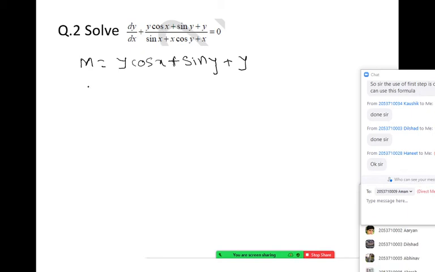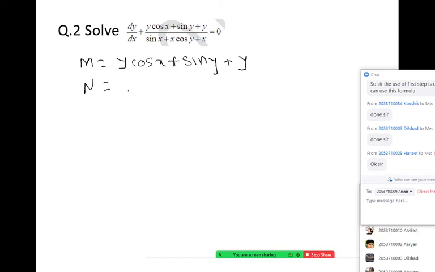So now one more thing again. If you take it on that side, it becomes minus actually. So you should not just cross multiply and move the denominator to the RHS there. If you take this term on that side, it will become minus y cos x, I think minus sin y. Is the value of N plus or minus?